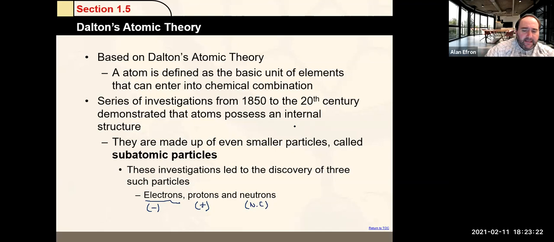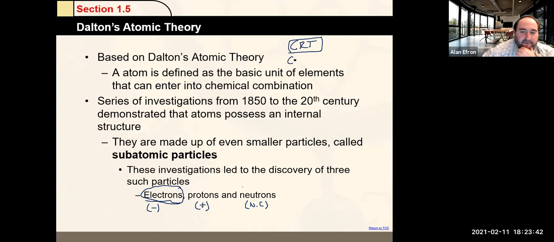And really, a lot of early work in terms of the atom revolved around the electrons. A lot of that early work was done with the development of what is sometimes referred to as the CRT.